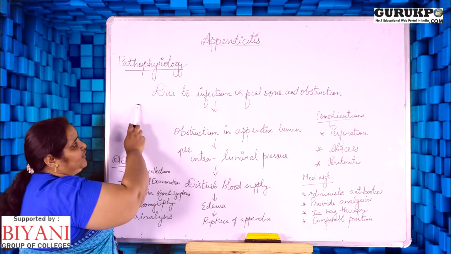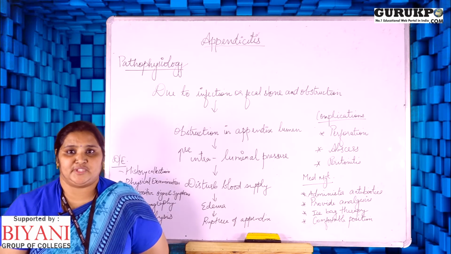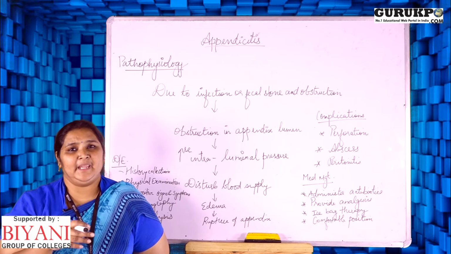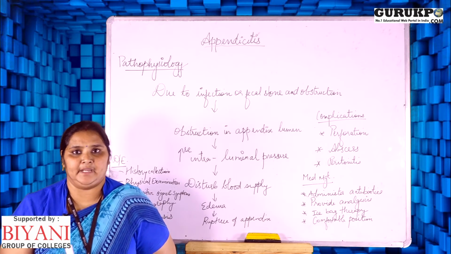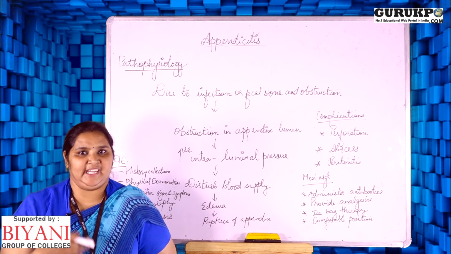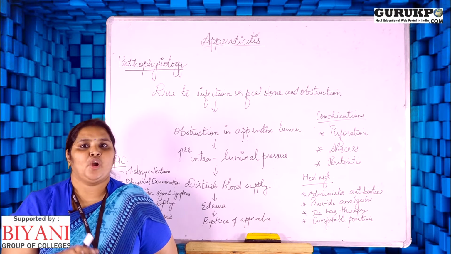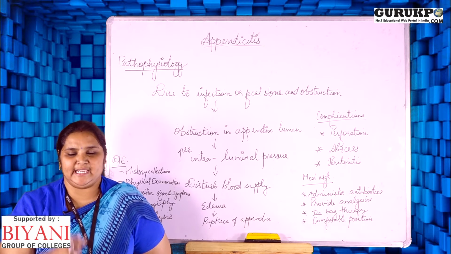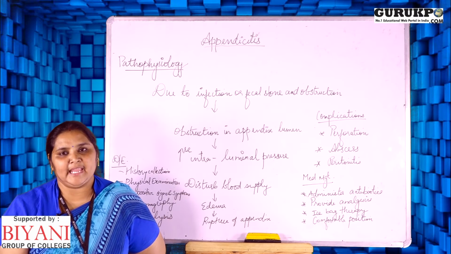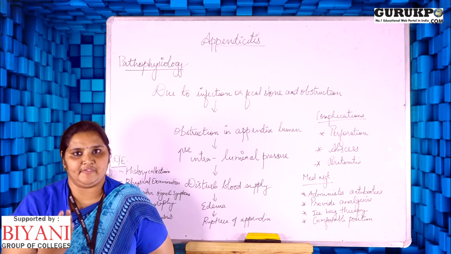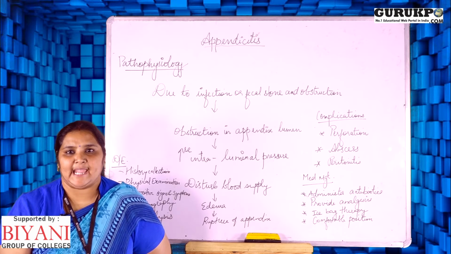So what is the pathophysiology? Due to infection, a fecal stone, or any obstruction, the appendix will be obstructed, and because of this obstruction the intraluminal pressure will increase. As a result, there will be decreased blood supply in the lumen, and because of this the appendix will become edematous.